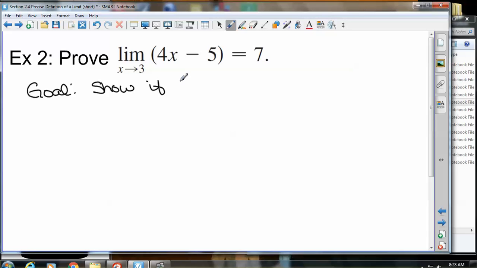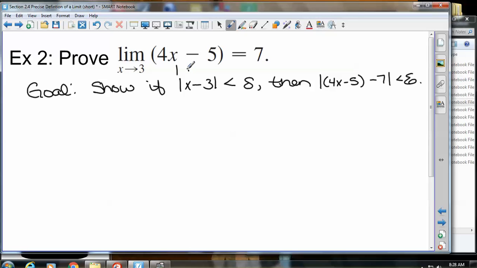We need to show if the absolute value of x minus 3, because you're measuring the distance between x and 3, is less than delta, then the absolute value of the function, which was 4x minus 5, minus the limit, is less than epsilon.